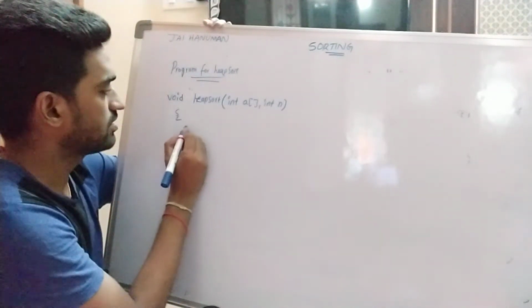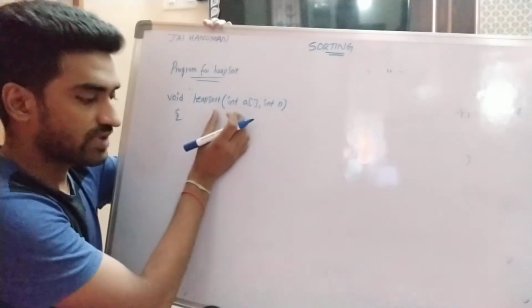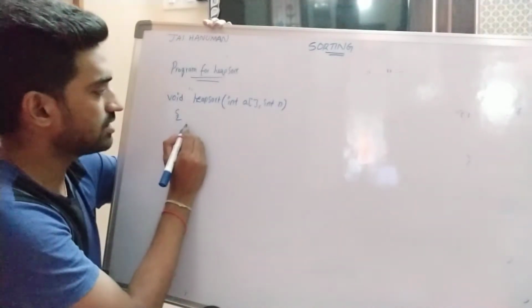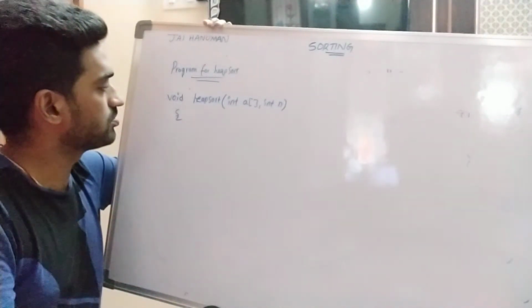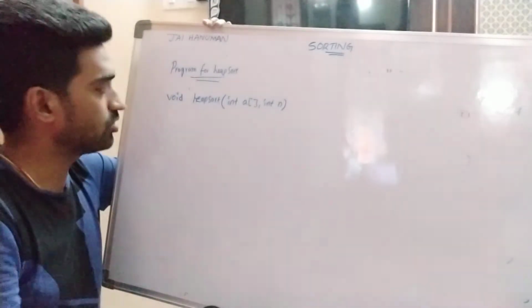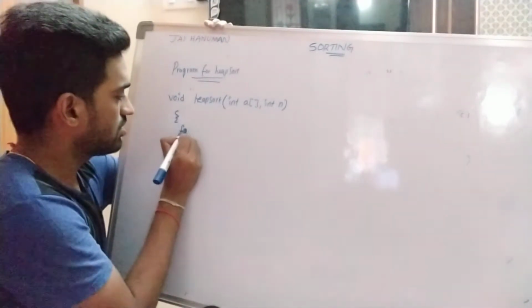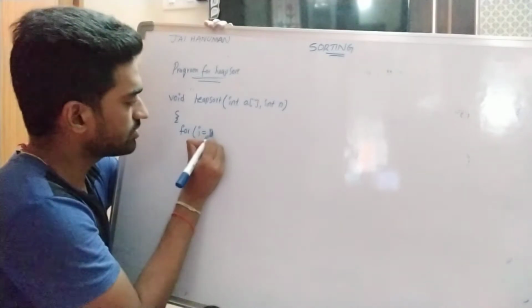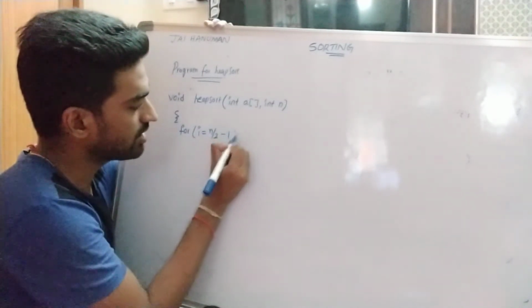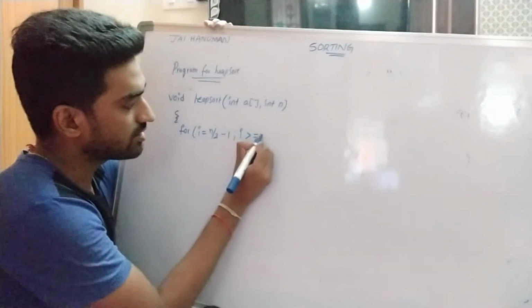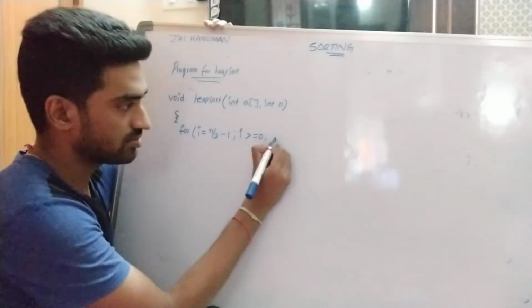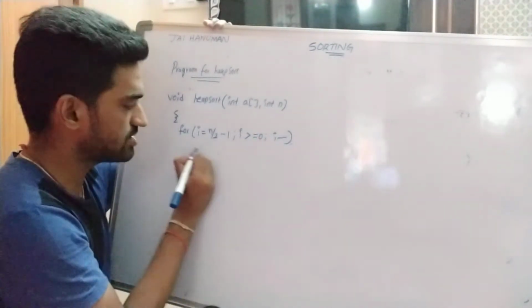So first of all, in this function definition I am checking one loop, that is for i is equal to n by 2 minus 1, i greater than or equal to 0, i minus minus.